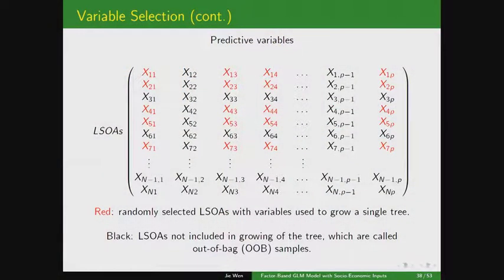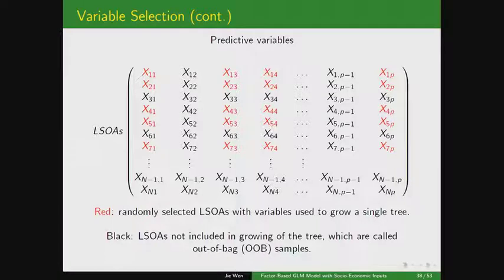Here is just an example of how random forest works. For example, here is the data we have, right? We have RSOAs, and we have the variables x1, x2, to xp. For the first tree, we pick up the red observations. We pick up the first RSOA, the second RSOA, and the fourth, fifth, seventh, etc. And for the variables, we pick up the first variable, we don't pick up the second one, we pick up the third, the fourth, we skip over all of these, and we pick up the fifth.